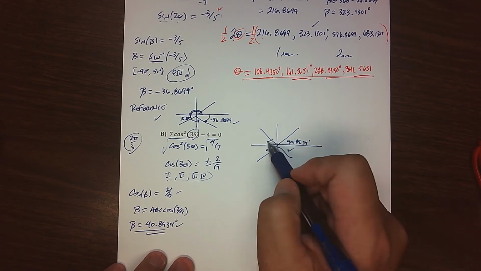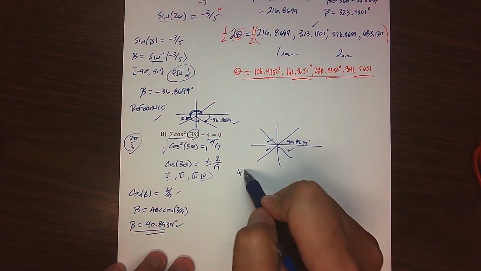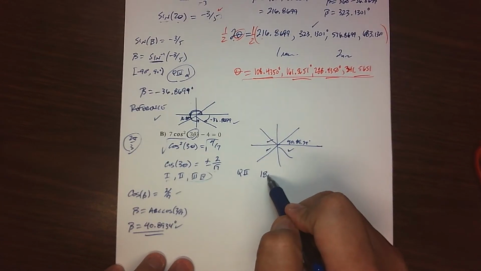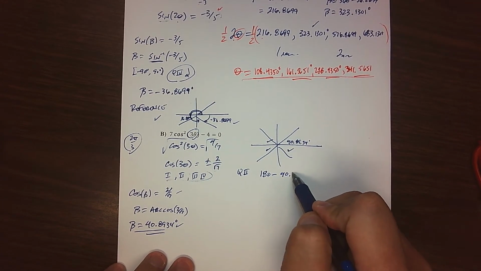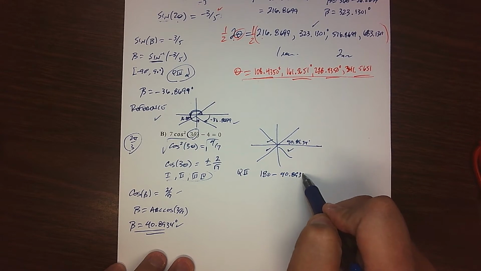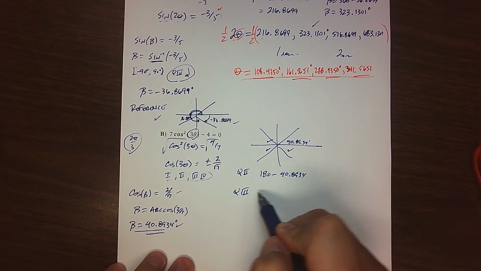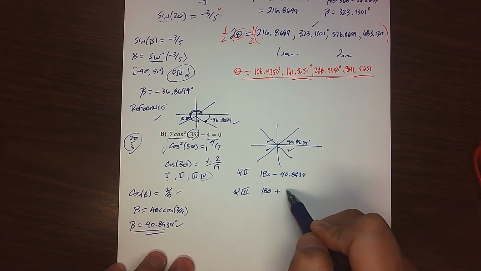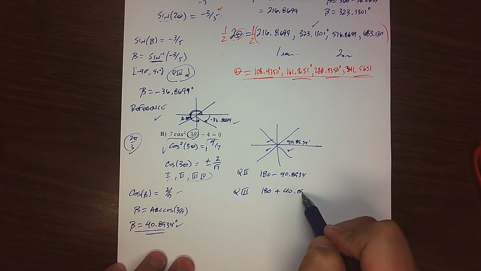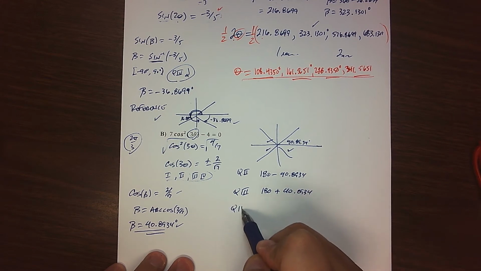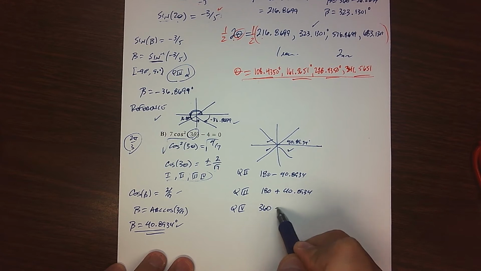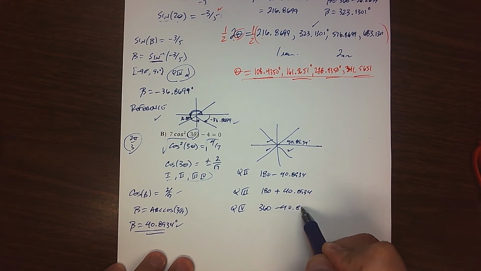To find the one in quad number 2, we basically take 180 minus that. To find the one in quad 3, we take 180 and add that. And to find the one in quadrant 4, we take 360 and we subtract it. So that's our strategy for each one.